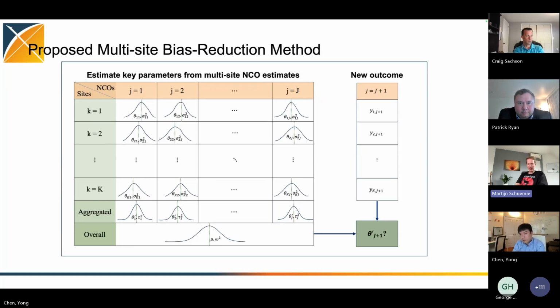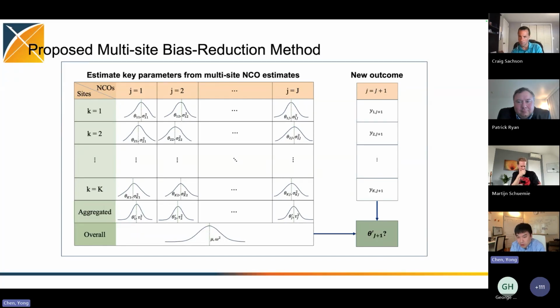Yong, did you want to add something? Yes. I've been working on meta-analysis and systematic review for almost 20 years. Historically people viewed heterogeneity as some negative nuisance, but as the field has moved on, people now realize heterogeneity is actually an opportunity, an opportunity for us to understand the true differences between the studies.